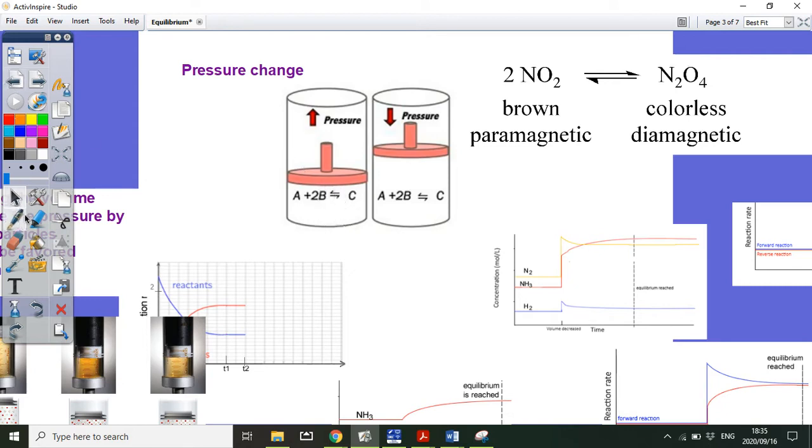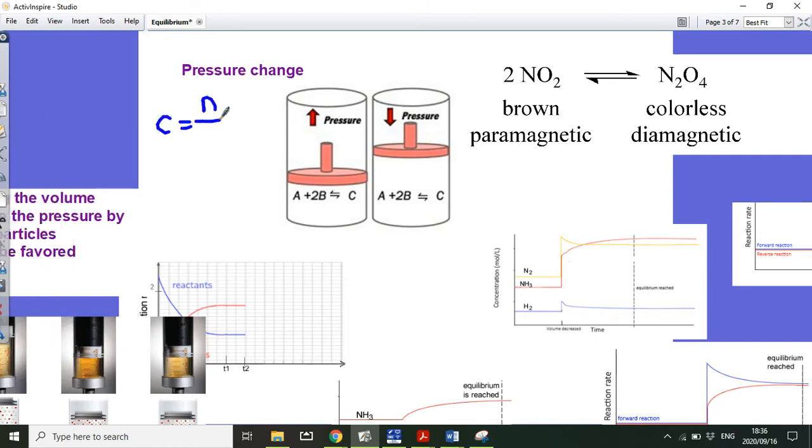And now you need to remember that concentration is the number of moles over the volume. Now, when the pressure changes, I'm not changing my moles. So the moles stay the same, but the volume has decreased. And if my volume decreased, because it's inversely proportional if moles are constant, my concentration will increase.